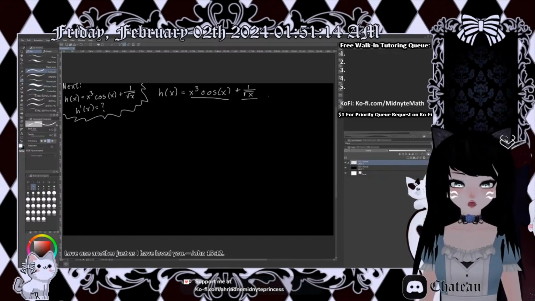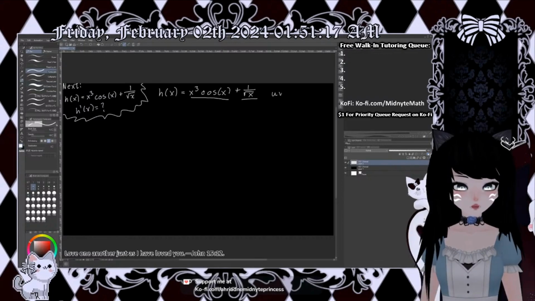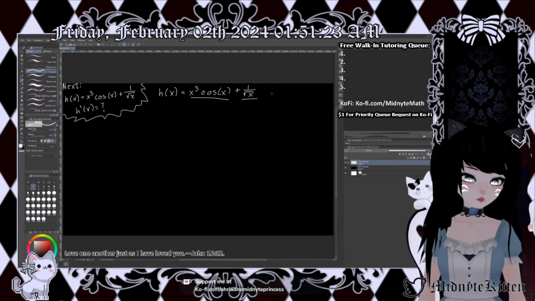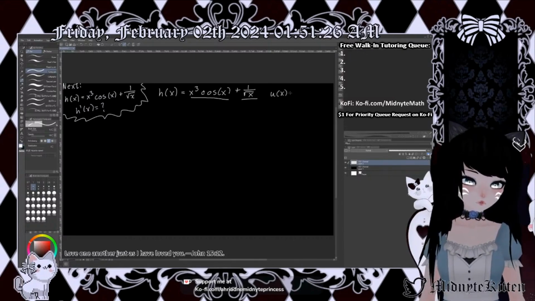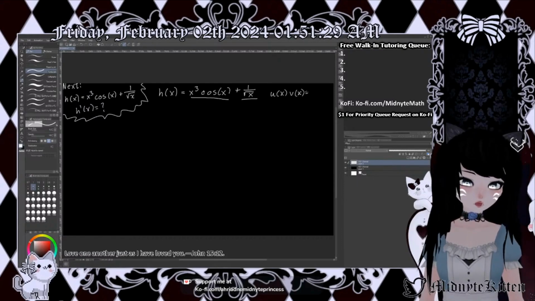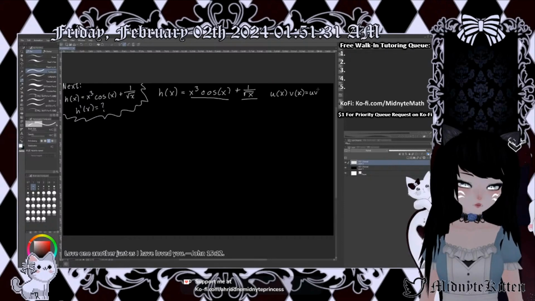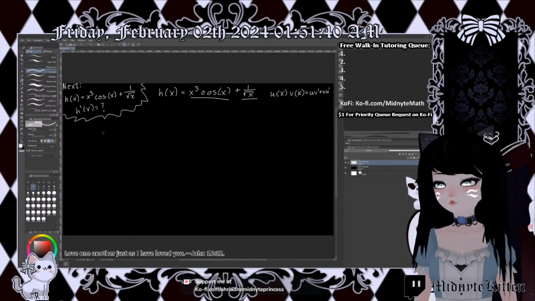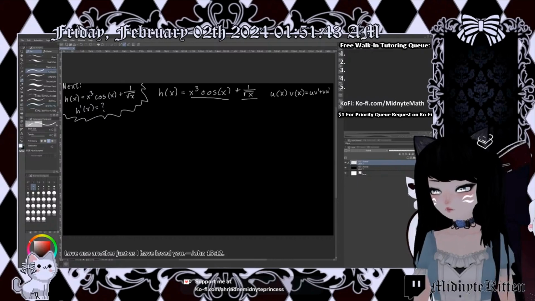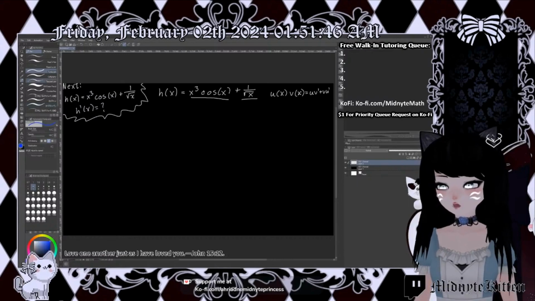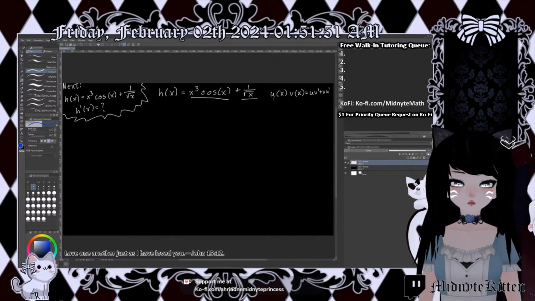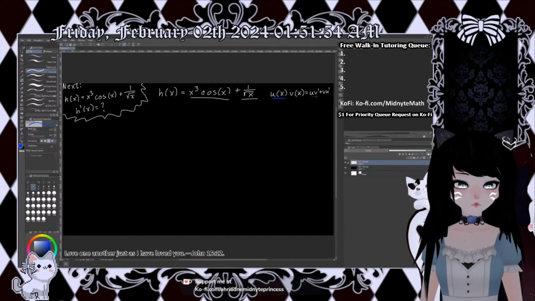So if you remember from our previous problem, we have u, v, and the derivatives. That is going to be u times v prime plus v times u prime. Okay. I'll try to use different colors this time so it's a little bit easier to distinguish between the two. So for u, we'll use blue, I guess.